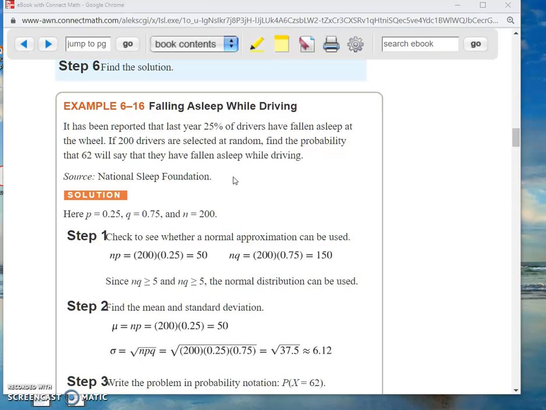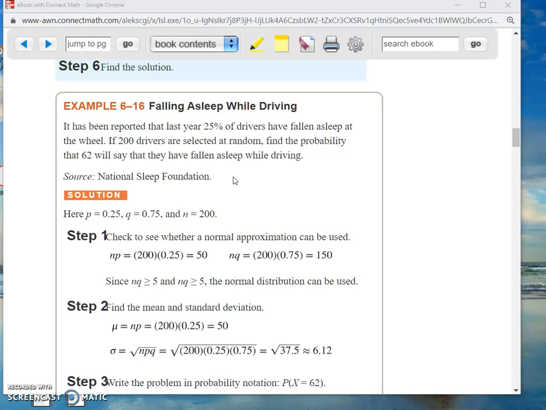So it's just like flipping a coin. Instead of asking about the probability of getting a head or getting a tail, we're asking the probability of falling asleep or staying awake. But this is exactly the same concept. It's a binomial situation.